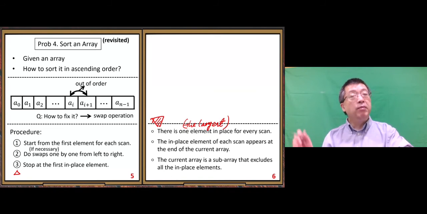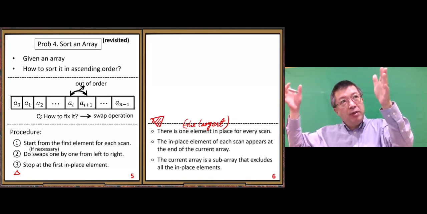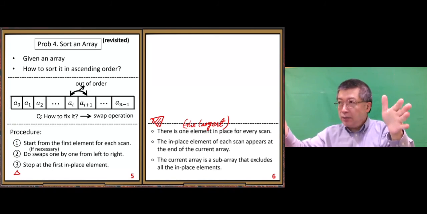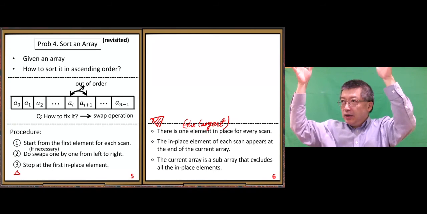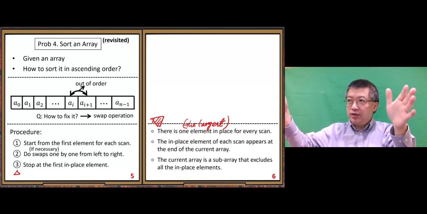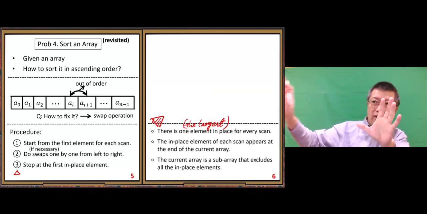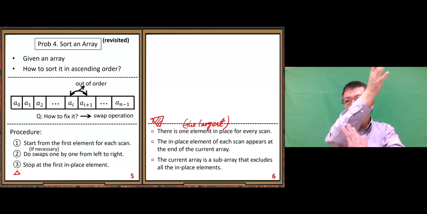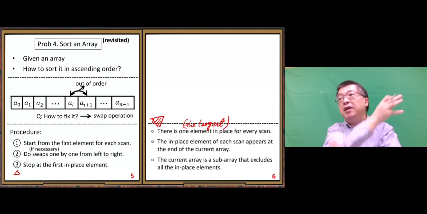If we already place some of the elements in place, now we don't want to touch them the next round. We leave them there. We don't want to waste our operations to process those elements that are already in place.